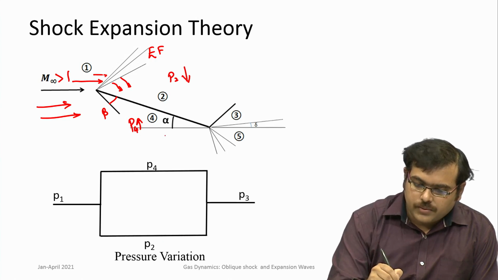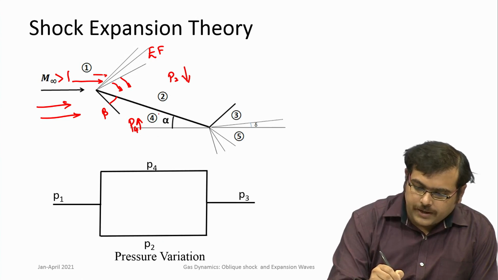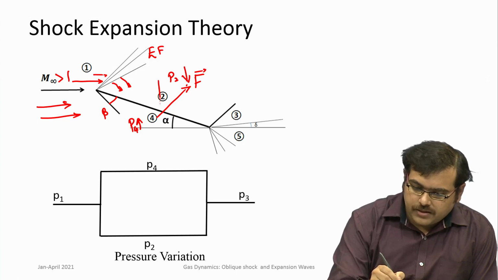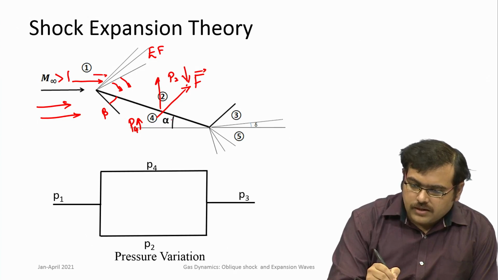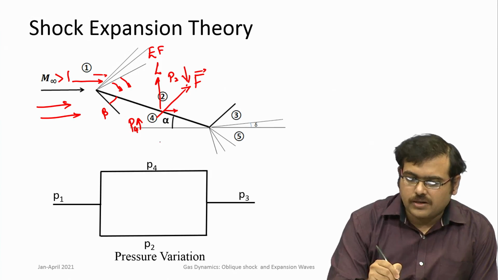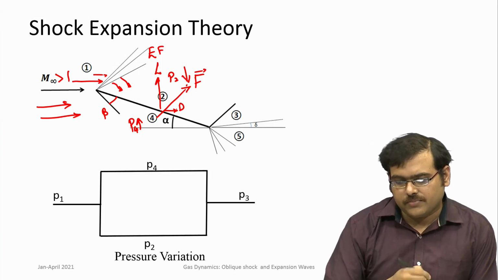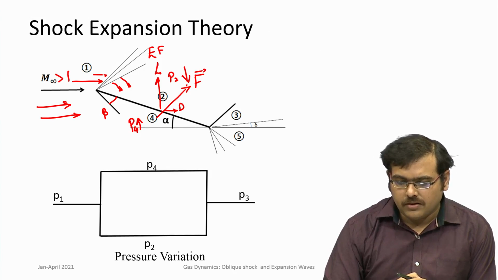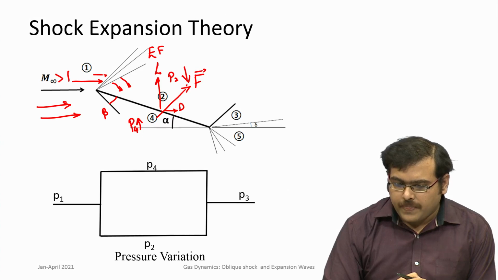As a consequence you will get a force in this direction, which can be decomposed into the lift and drag forces. The lift force is here. The drag force is much smaller, of course, and it comes here. So, the lift and drag forces can be put in this way.